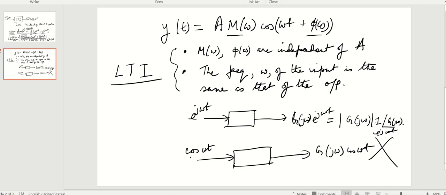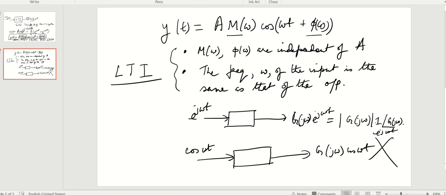The only way you can relate to this is if you write the cosine as a sum of two such exponentials, one being e to the power j omega t, the other being e to the power minus j omega t. So in some sense you cannot have an exact correspondence here.